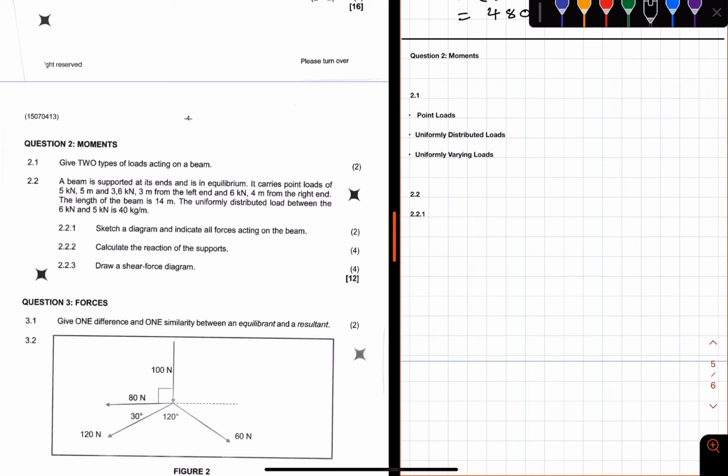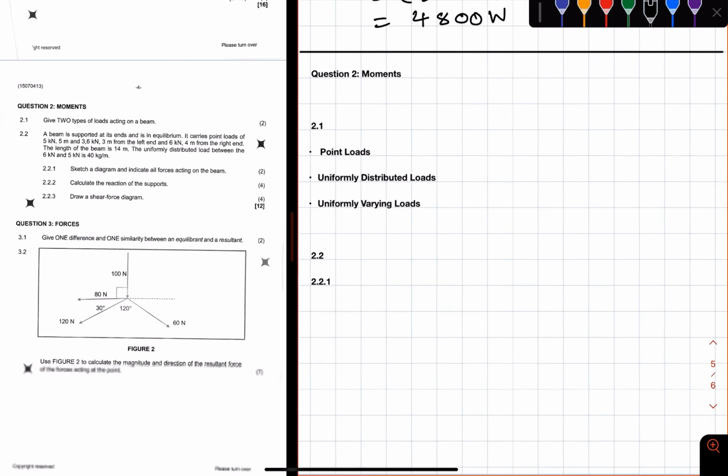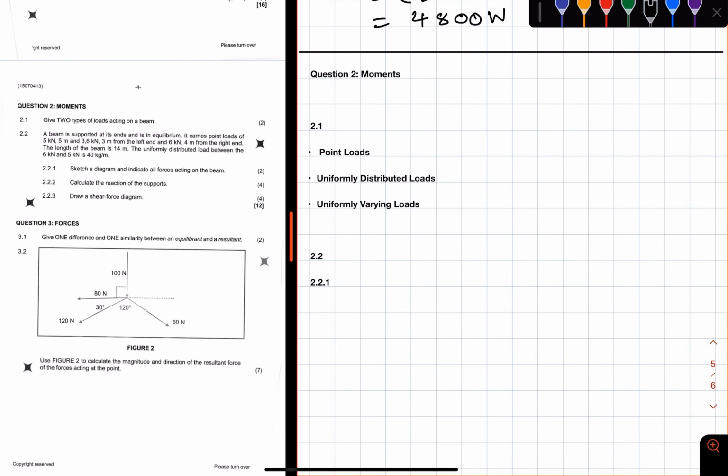2.1, give 2 types of loads acting on a beam. Right, so there are many types of loads we can get on a beam. You can get point loads, you can get uniformly distributed loads, you can get uniformly varying loads. Now, point loads and uniformly distributed loads are the ones that we are mostly familiar with for this level, right?